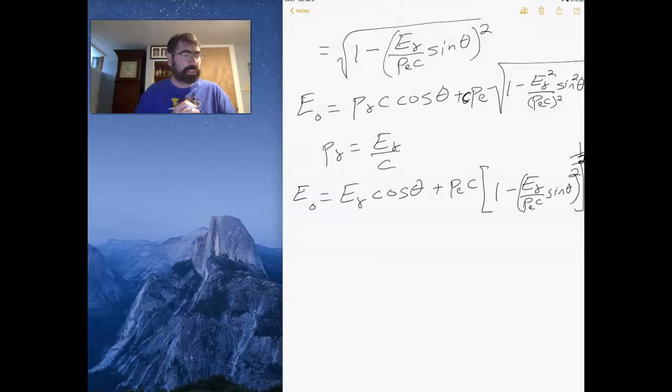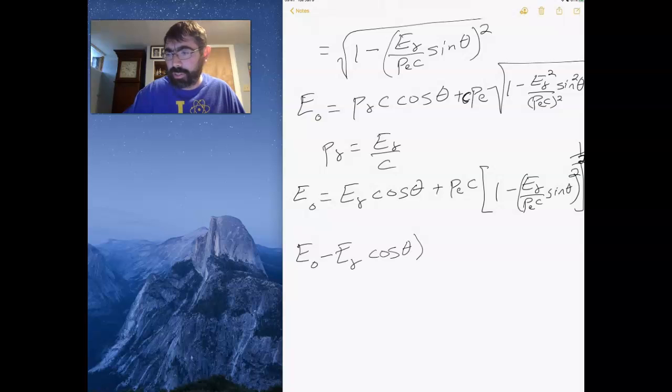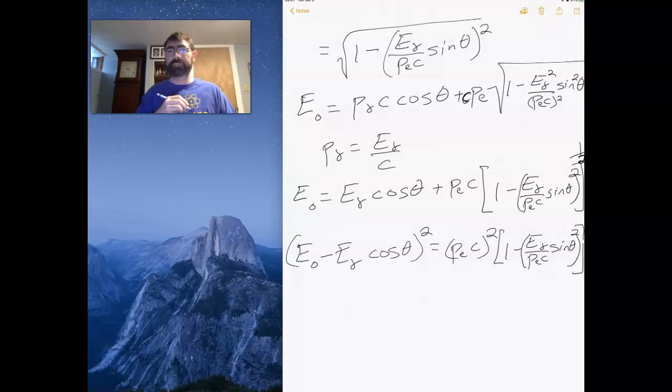Okay, so now we want to clean this up some more. So I'm going to move all the energies over to the left-hand side and then square everything. So you have E initial minus E gamma cosine theta squared is equal to PEC quantity squared times 1 minus E gamma over PEC sine of theta quantity squared.